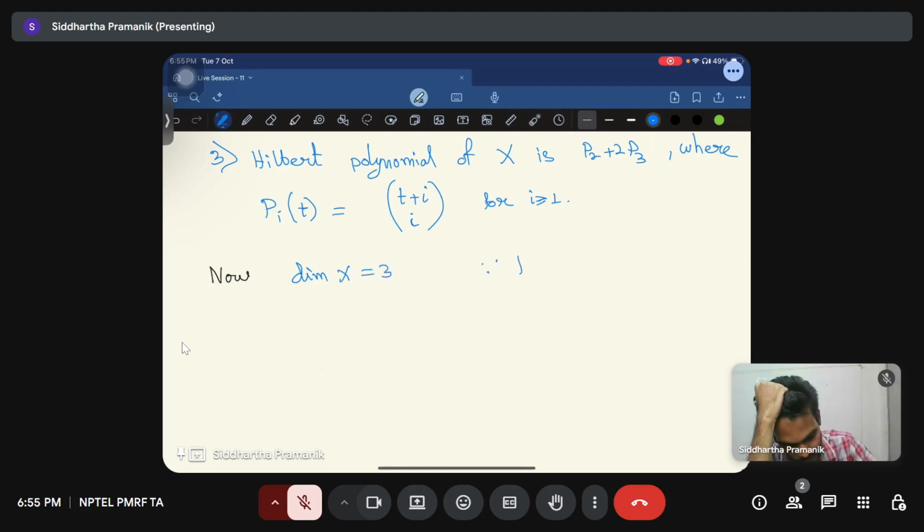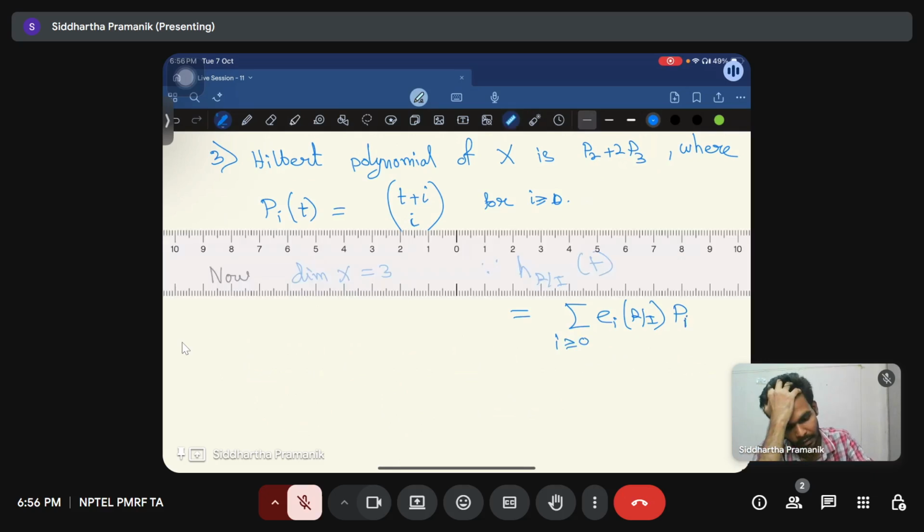Since I forgot the notation for the Hilbert polynomial, let's denote it by hi of t, which should look like the sum of e of I, the Hilbert coefficient of R mod I, times p of I of t, where I is greater than or equal to 0.